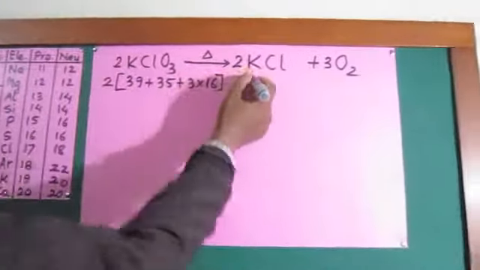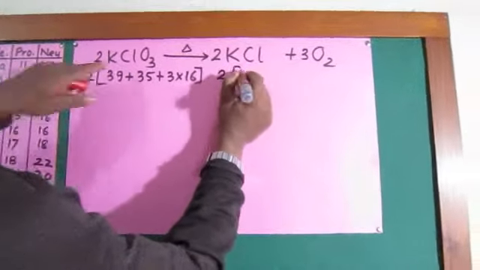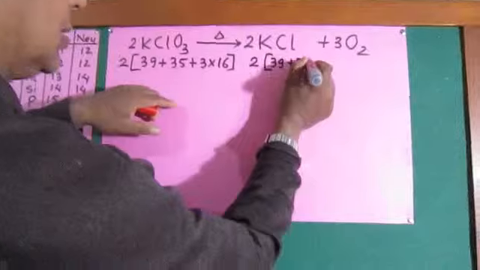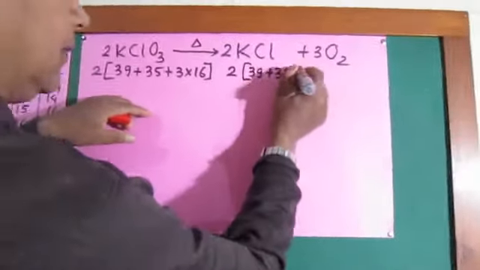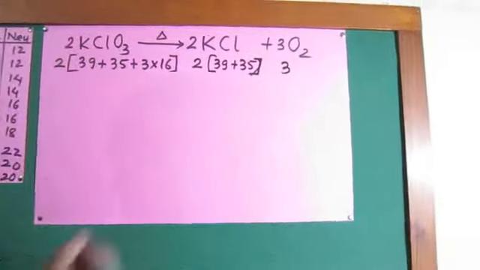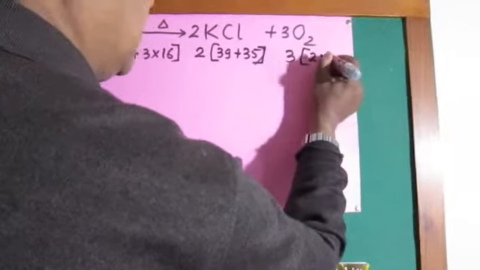Now let's take this also. 2 potassium, I have written here 39, plus this chlorine 35. And here 3 molecules of oxygen, and each molecule contains 2 atoms of oxygen.